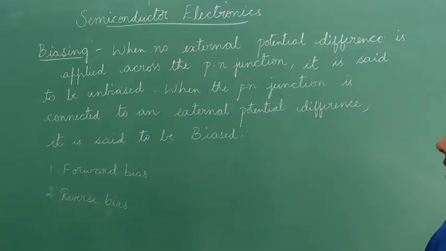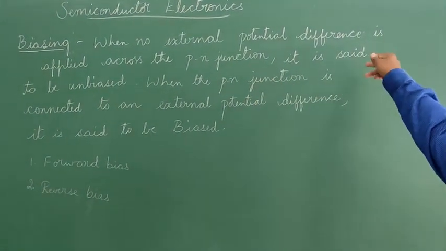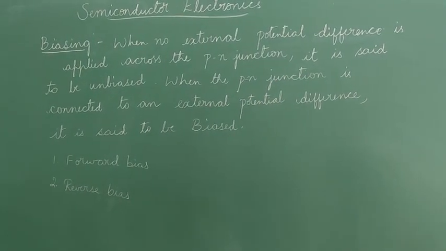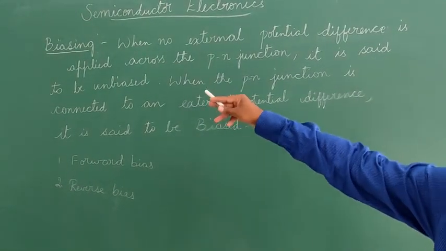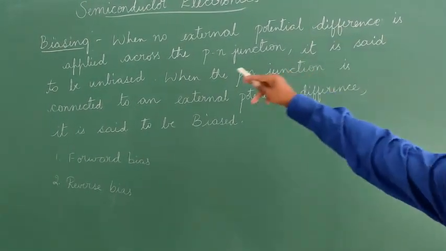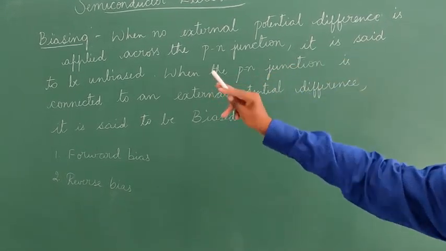The next topic is biasing. When no external potential difference is applied across the PN junction, it is said to be unbiased.